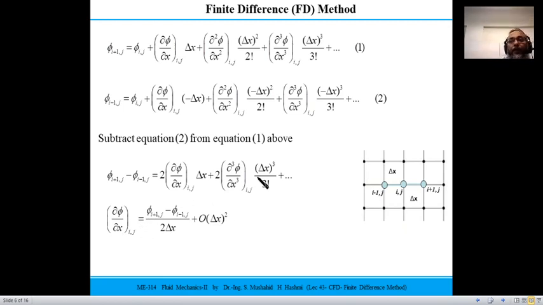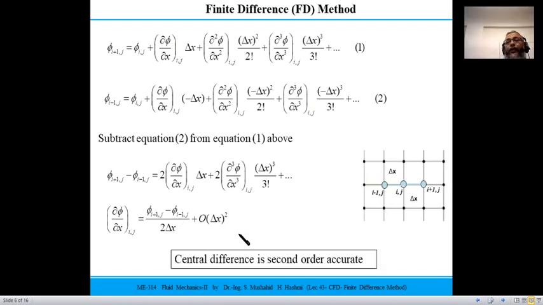If you divide by delta x, the order of accuracy would be delta x square. This is called the central difference method, because in order to calculate the derivative at point ij, I need more information: information about the forward point and about the backward point.